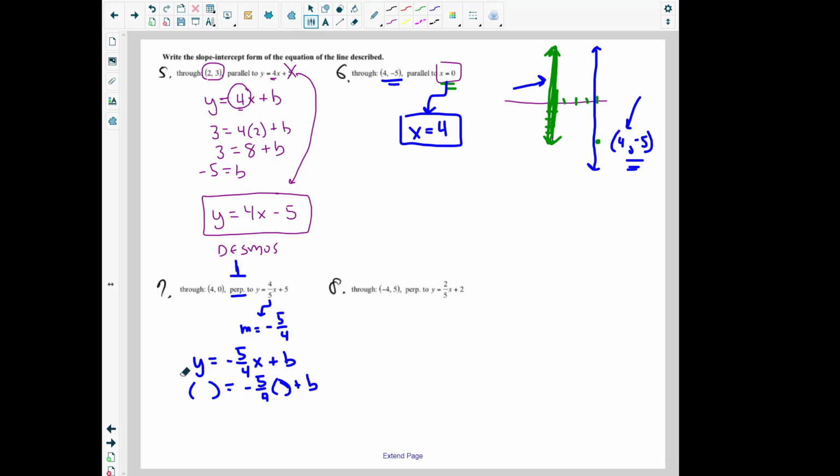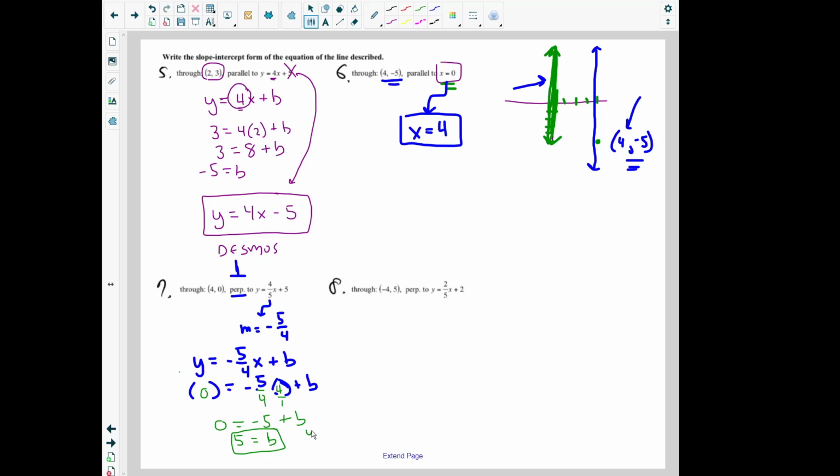All right, I'm going to plug in (4, 0). 0 is the y value, and 4 is the x value, but I'm going to make this 4/1 because it's a fraction. Don't forget that's a 4 down there. So now 0 equals negative 5/4 times 4/1. The 4 is reduced, or negative 20/4 is negative 5. Plus b. Add 5 to both sides, and you get b equals 5.